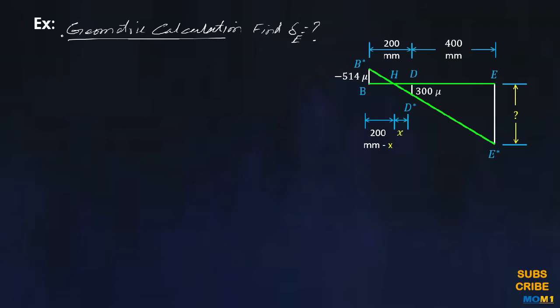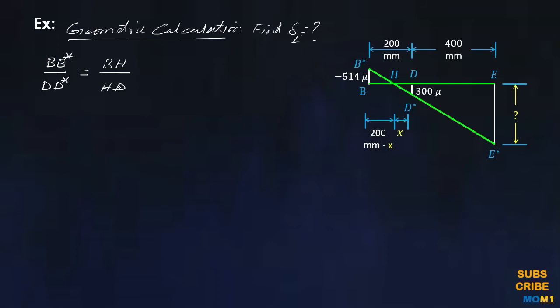To do that, first we have B star upon D star equal to BH upon HD.